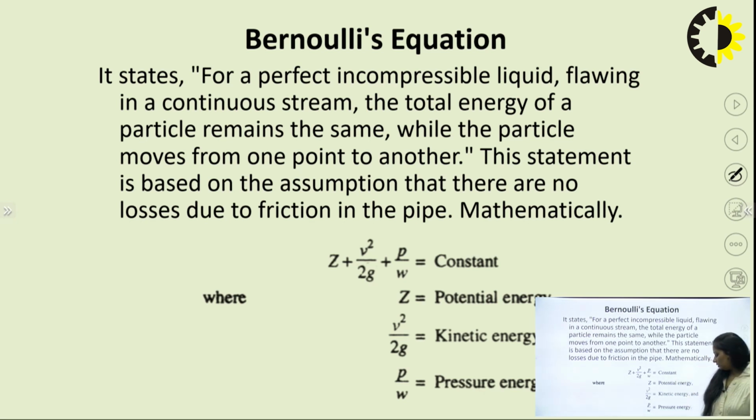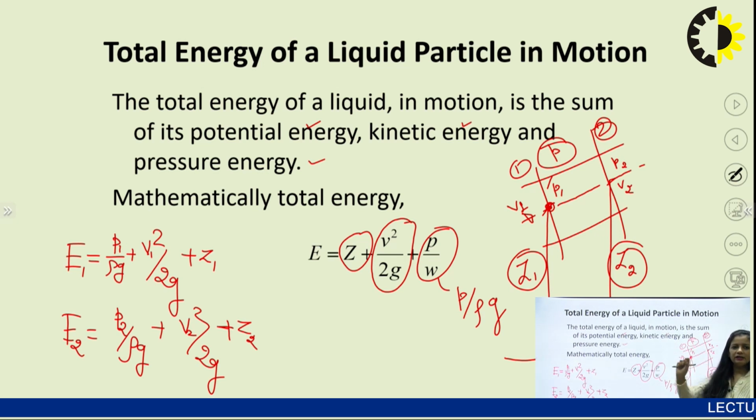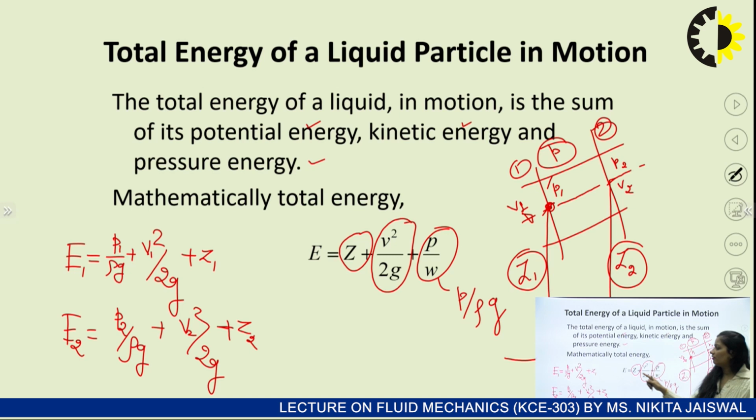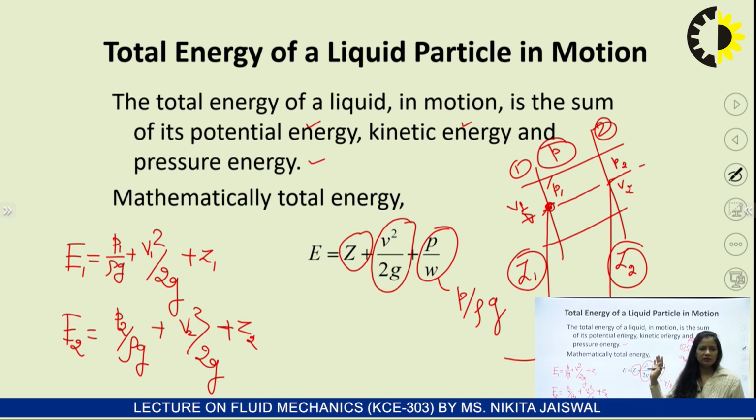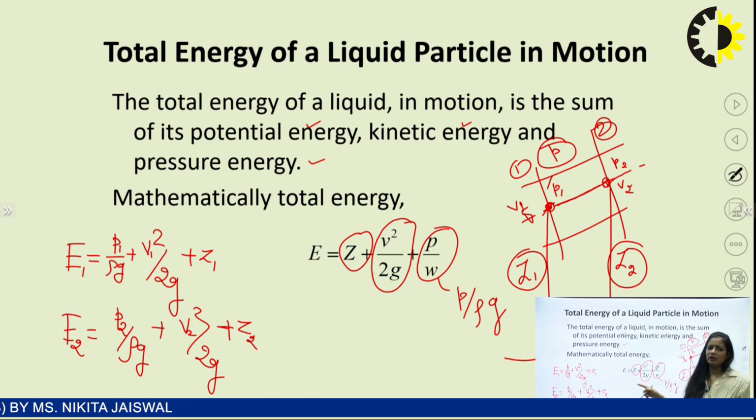From the previous slide, consider a single fluid particle here, and we are tracking its motion. When that particular fluid particle was in section number 1, we wrote the equation for total energy. When it reaches section number 2, we also write the equation for total energy.